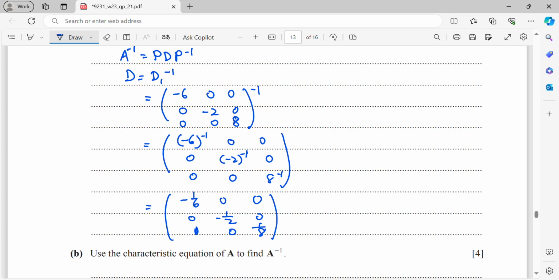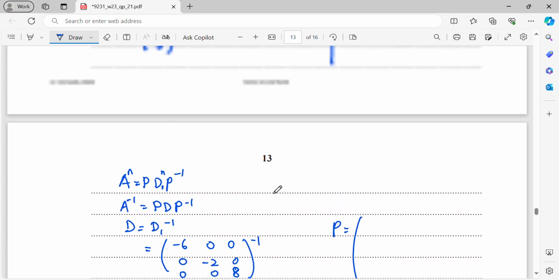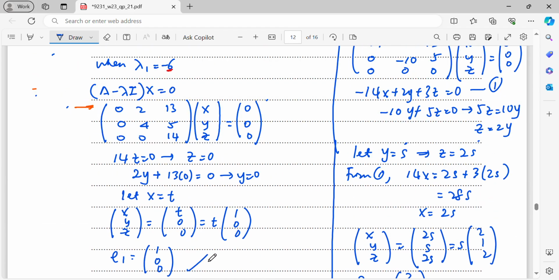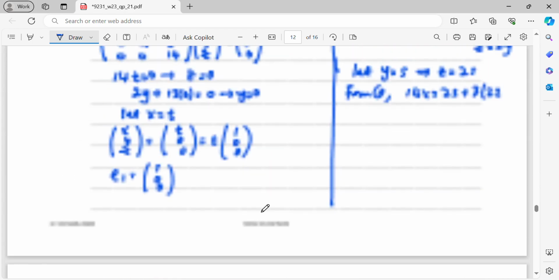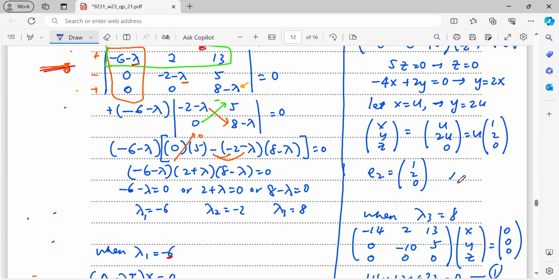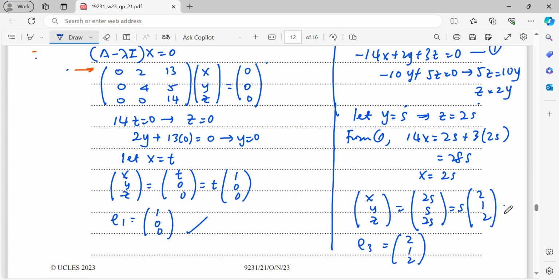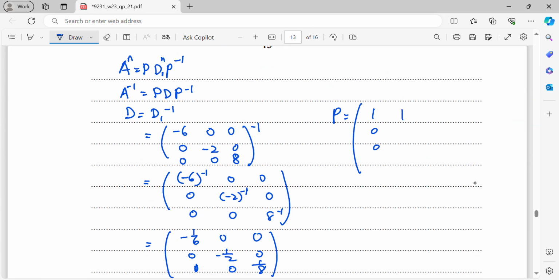This will be my D. Then together with the P will be all the eigenvectors. So I will copy 1, 0, 0, and then the other one is 1, 2, 0 followed by 2, 1, 2. That will be my matrix P. Okay, so done for this question.